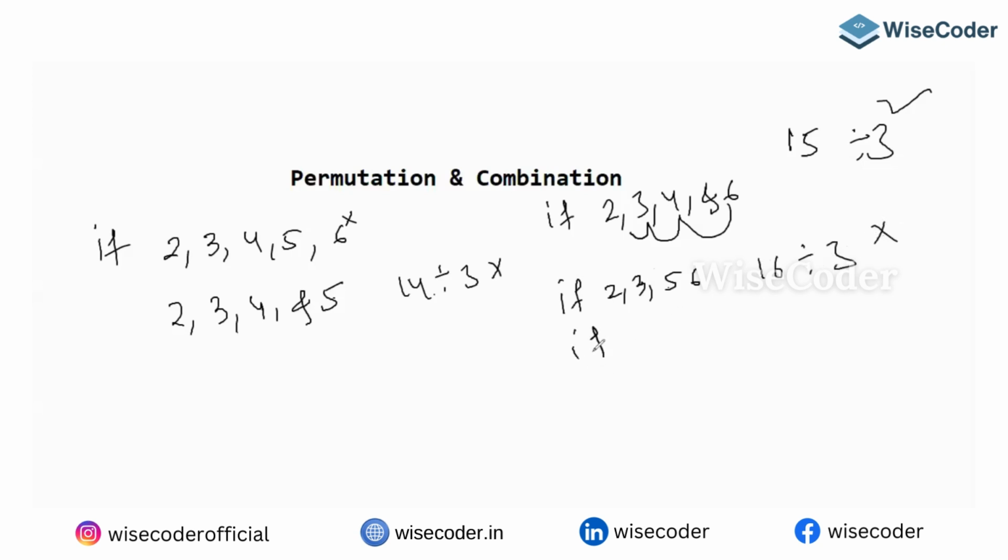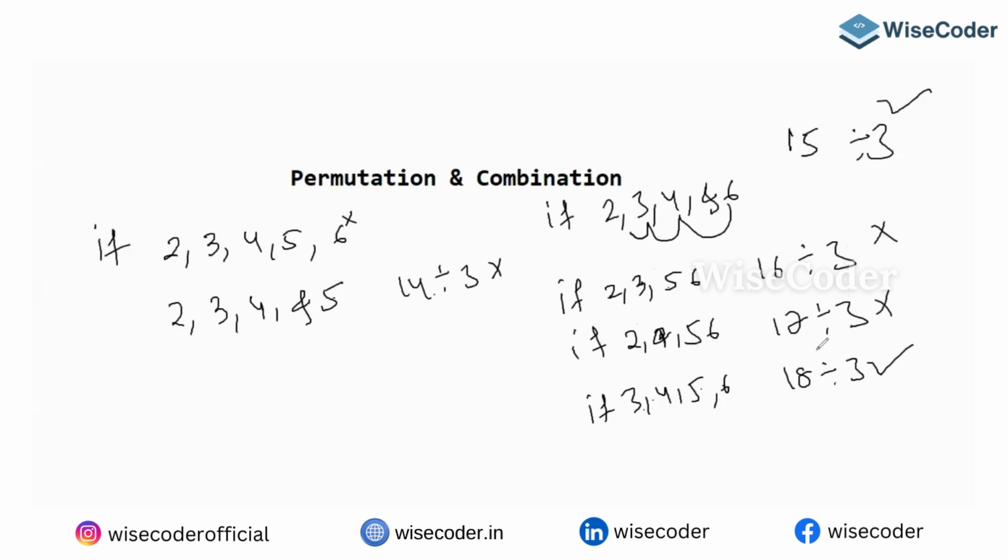If I use the digits 2, 4, 5 and 6: 15, 17. Is 17 divisible by 3? No. If we use the digits 3, 4, 5, 6: 10, 15, 18. Is 18 divisible by 3? Yes.